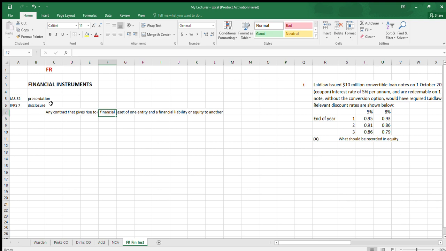So, per the explanation, we have financial assets. Under financial assets we have, one, cash; two, an equity instrument; three, a contractual right to receive cash or another financial asset.